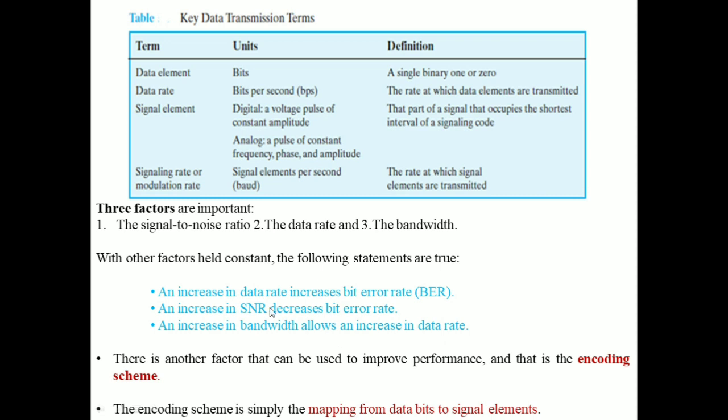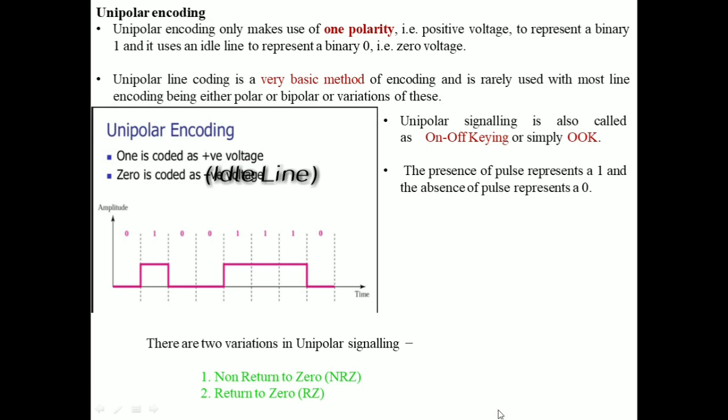Along with this, there is also one important factor which is used to improve performance, and that is the encoding scheme. As already discussed, the encoding scheme is the mapping from data bits to signal elements. Now let us see the first type of encoding scheme, called the unipolar encoding scheme.